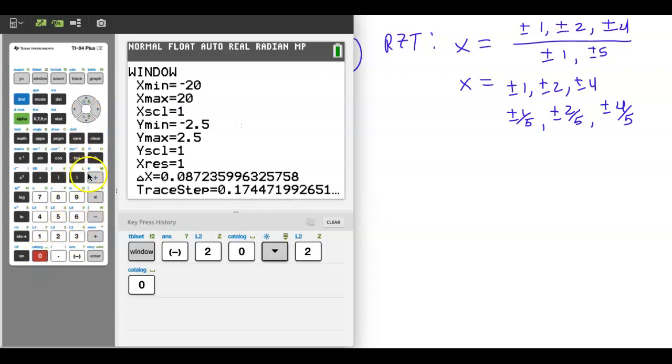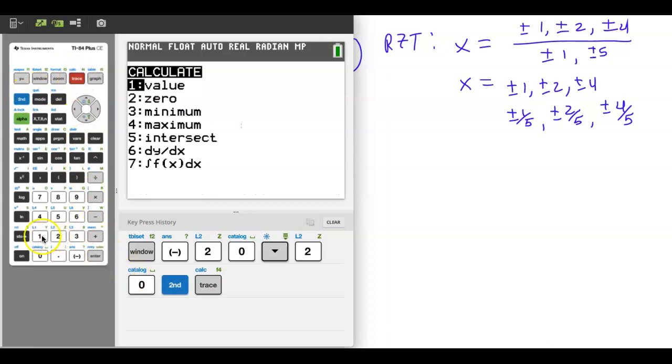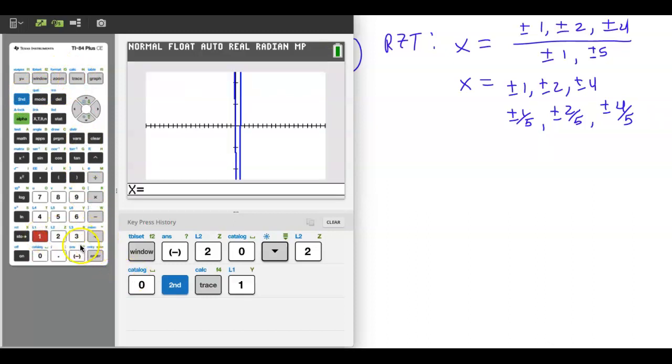Okay. Now, I haven't mentioned this yet, but I'm going to go ahead and demonstrate this now. What happens whenever we try to evaluate our function at a value that doesn't fit within this window here. So I'm going to do second calc for the value again. And let's say I typed in the number 30, which is outside the range of -20 to 20.